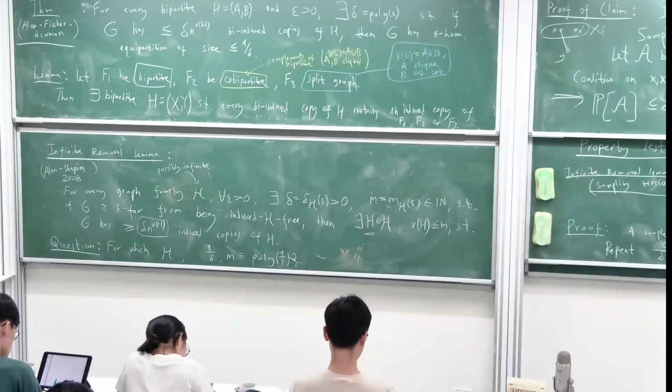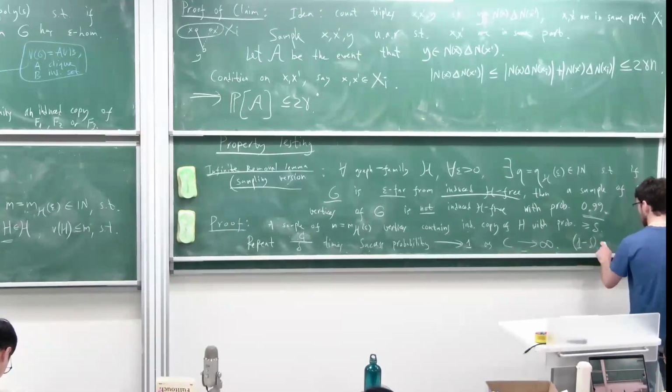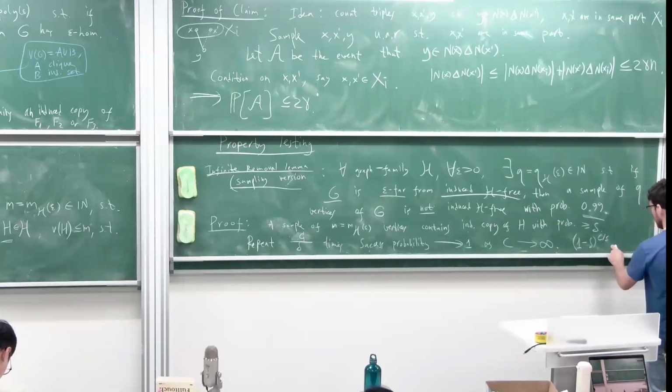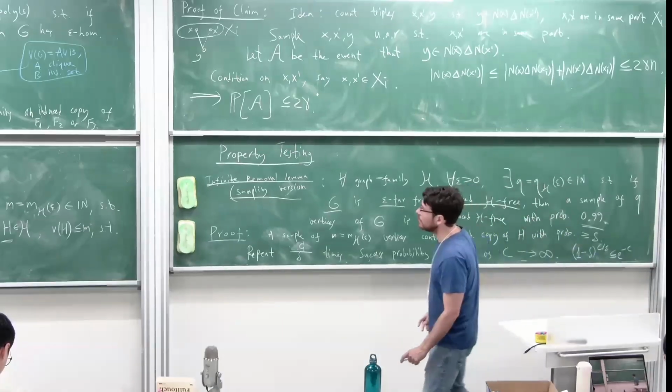Because the probability that we fail is at most 1 minus delta to the C over delta, because we have to fail at each attempt, and this is at most e to the minus C. So if you take C large enough, you get success probability 0.99.